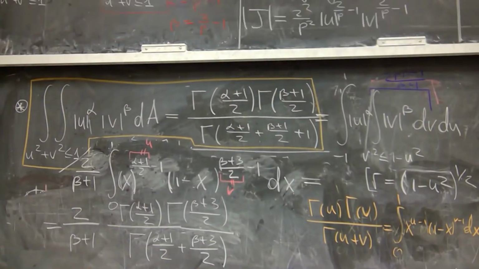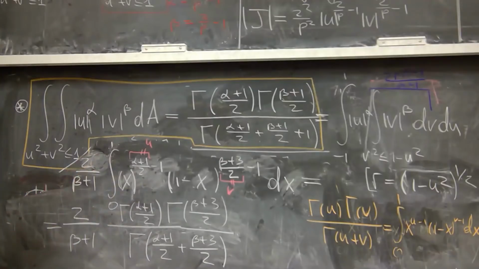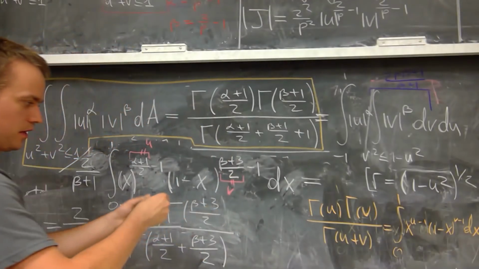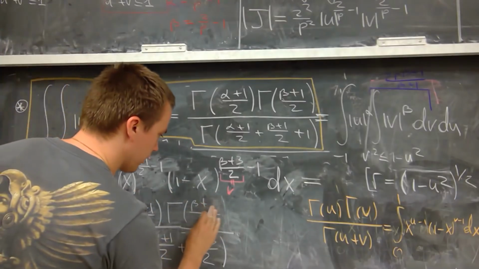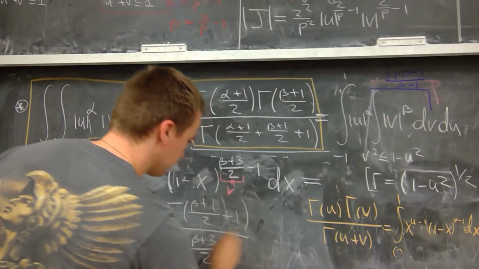And you can see that it's almost identical to our claim that this double integral over a unit circle of u to the alpha v to the beta dA equals this gamma function. And here's a small trick that I need to do before. If I want to get an identical answer, you need to separate 3 as 1 plus 2. So we'll have beta plus 1 plus 1.